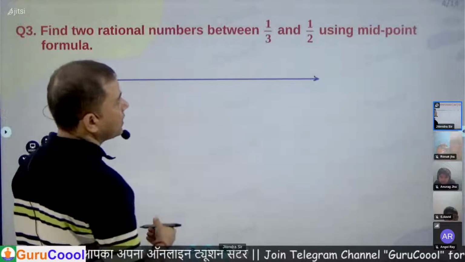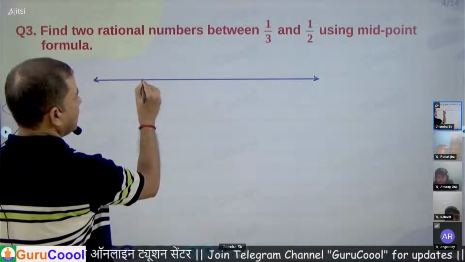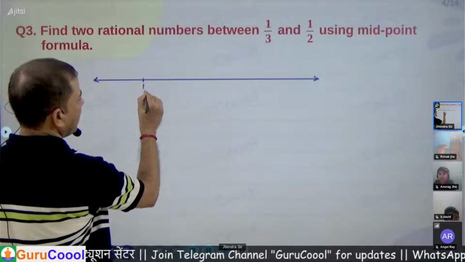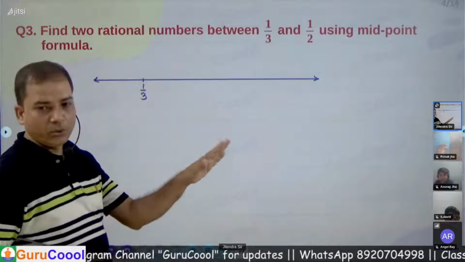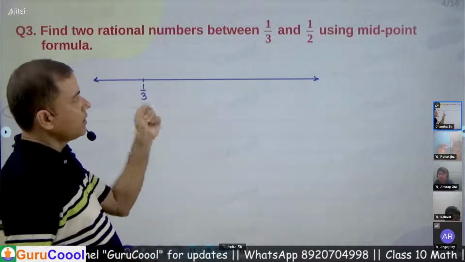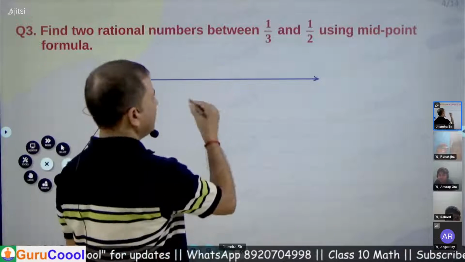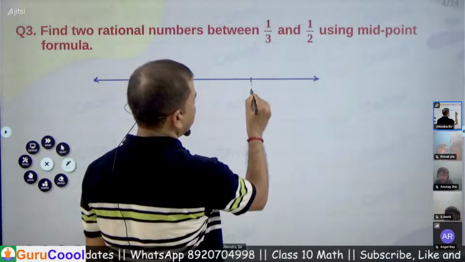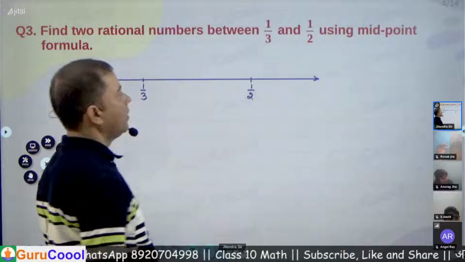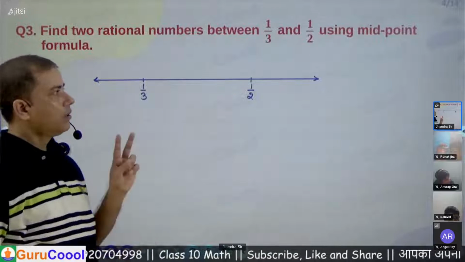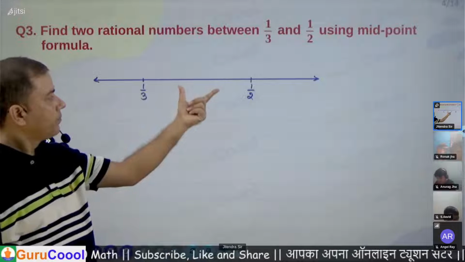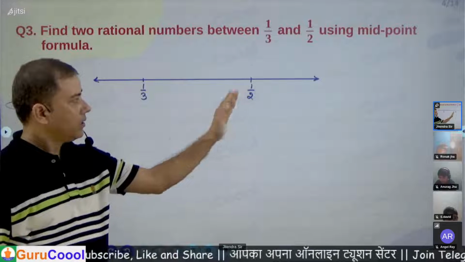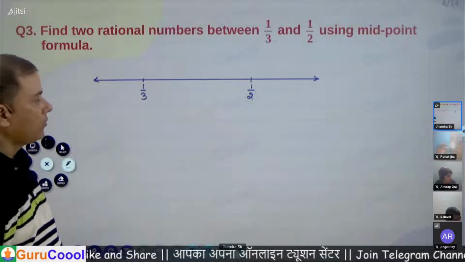There are two numbers given to us. First number representing 1 by 3. I don't need to show 0, 1, 2, 3, all these. Just show these two numbers, 1 by 3 and 1 by 2. We have to find two more rational numbers between these two, using midpoint formula.